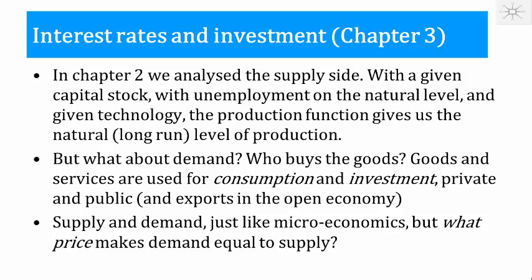In the open economy, we also have exports. For the time being, we disregard trade, and we also don't have a public sector. So we use the goods for consumption and investment. So we have supply, the natural level of production, and we have demand, consumption, and investment.